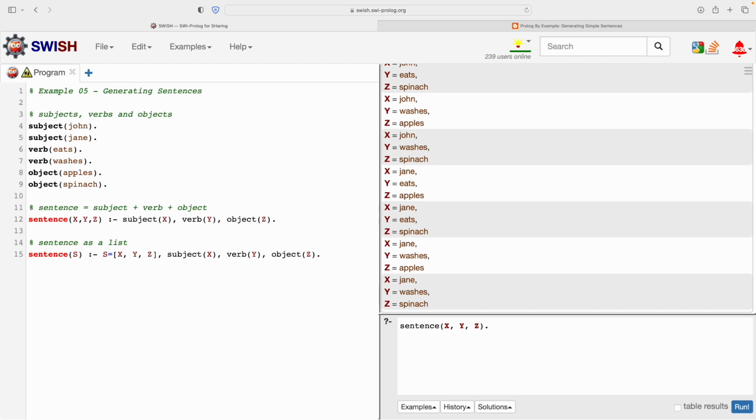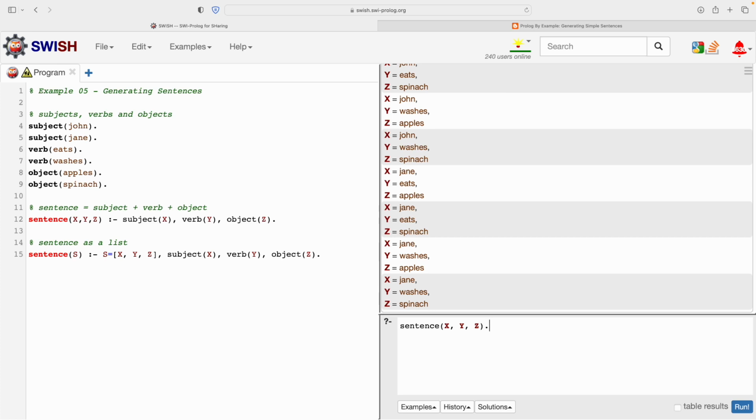What we've done is we have defined what a simple sentence should be structured like, and we've allowed Prolog to find examples that satisfy that definition.